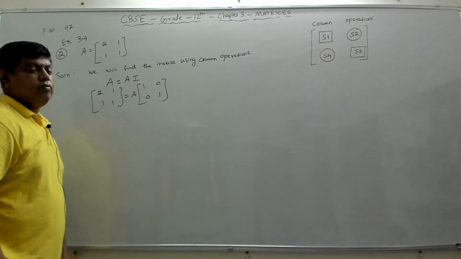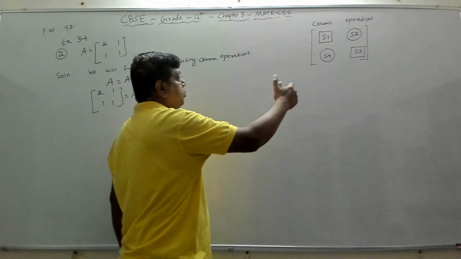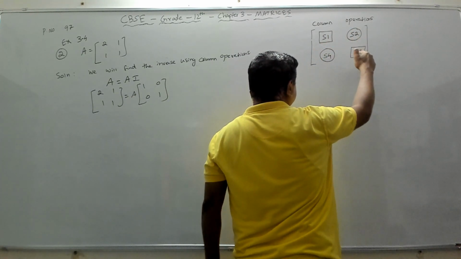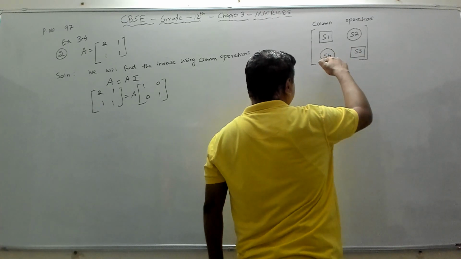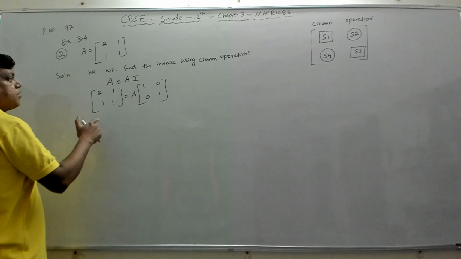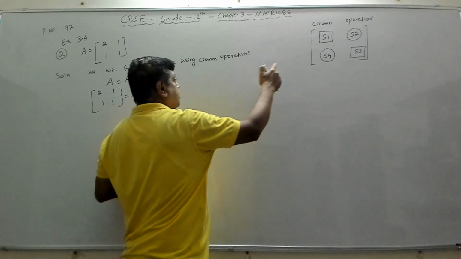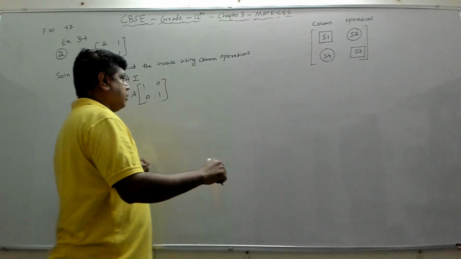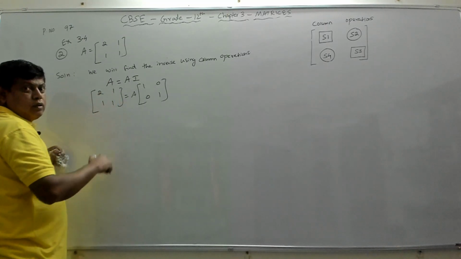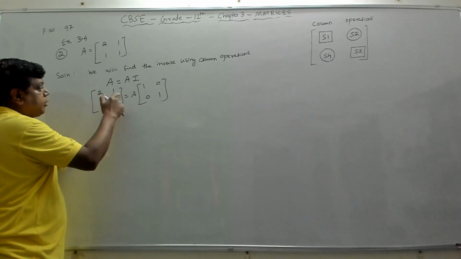S4. Fine. So this is your step 1, to make this 1. Then make this 0 using this 1. Then make this 1. Then make this 0 using this 1. That is the fourth step. So the first step is you have to make this one as 1. We can make this 1 either by dividing each element by 2, then it will become 1.